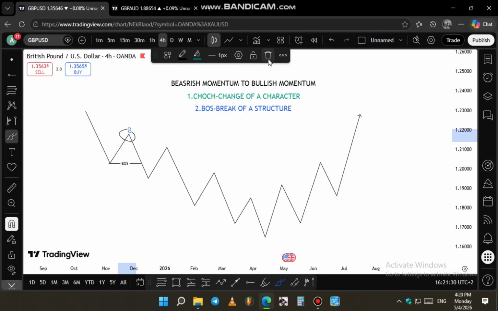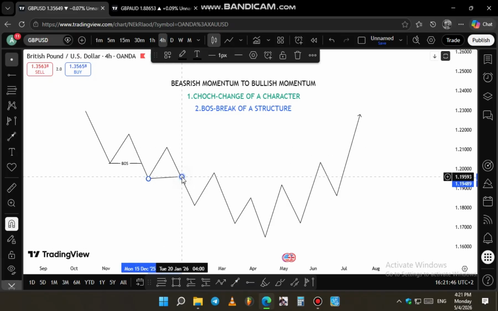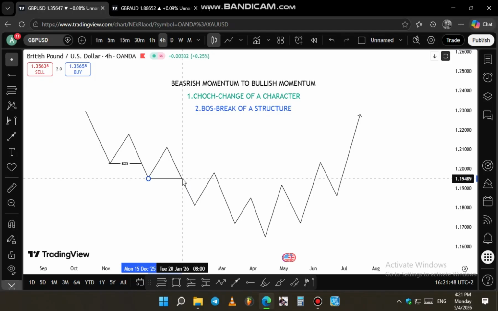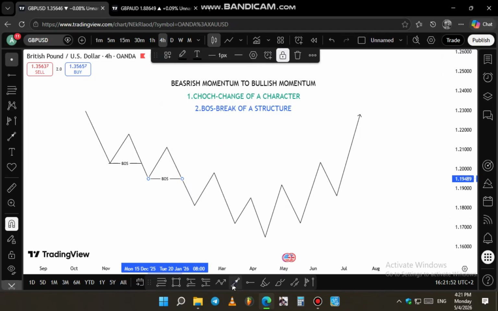I hope you get me. Then again, you see this try to push back, which is called a correction, then comes back and breaks this low. That's where we call that a break of structure.